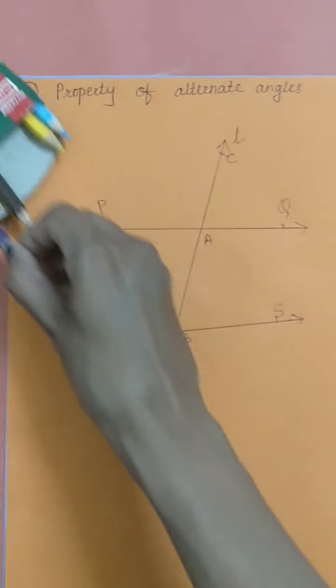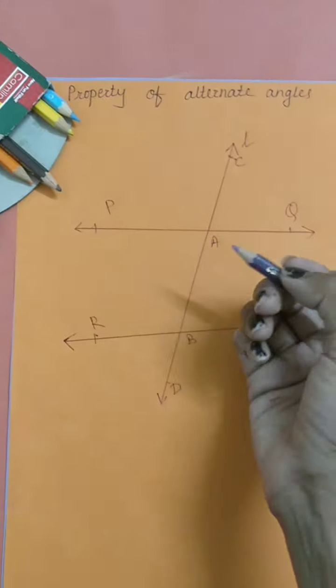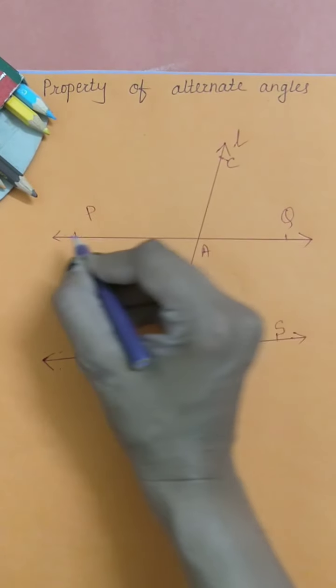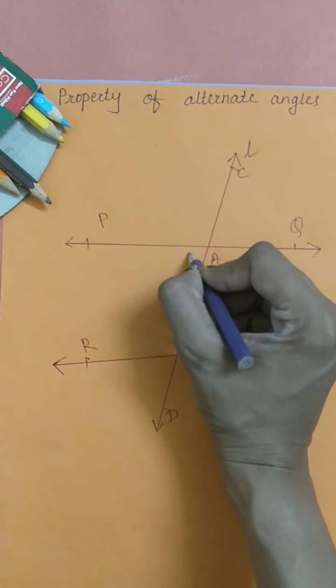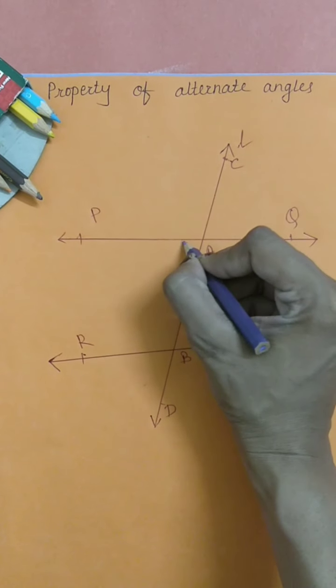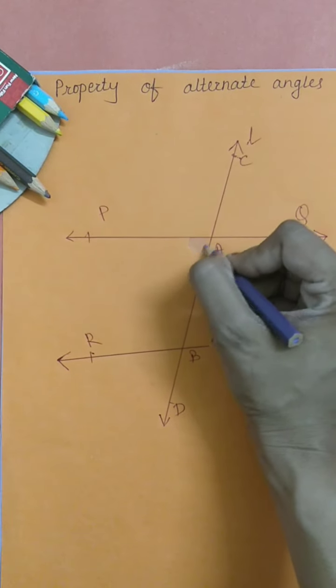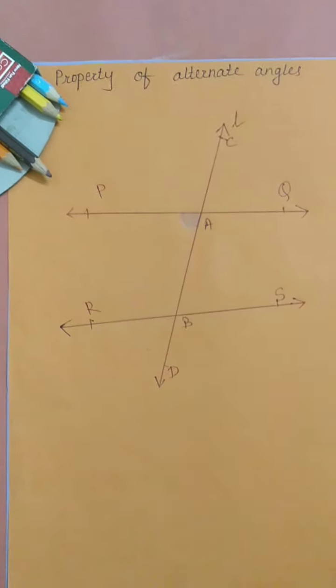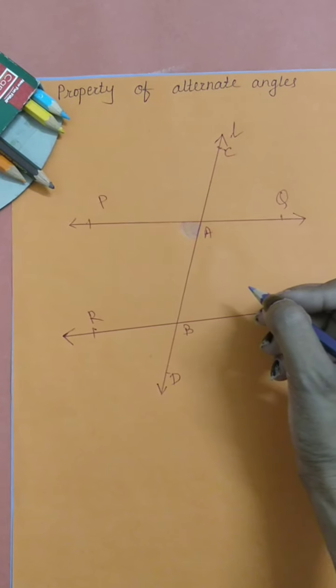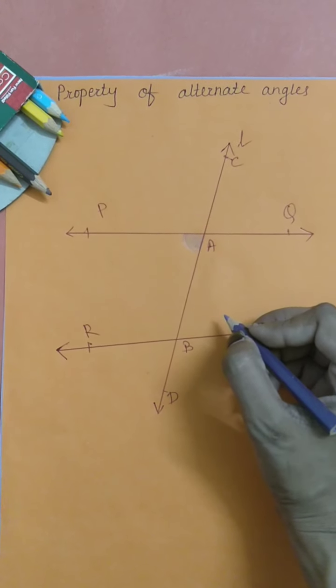Okay, so I'm going to use this purple color. Now let's talk about this PAB first. This PAB is congruent to its alternate interior angle. This is what the second property says.